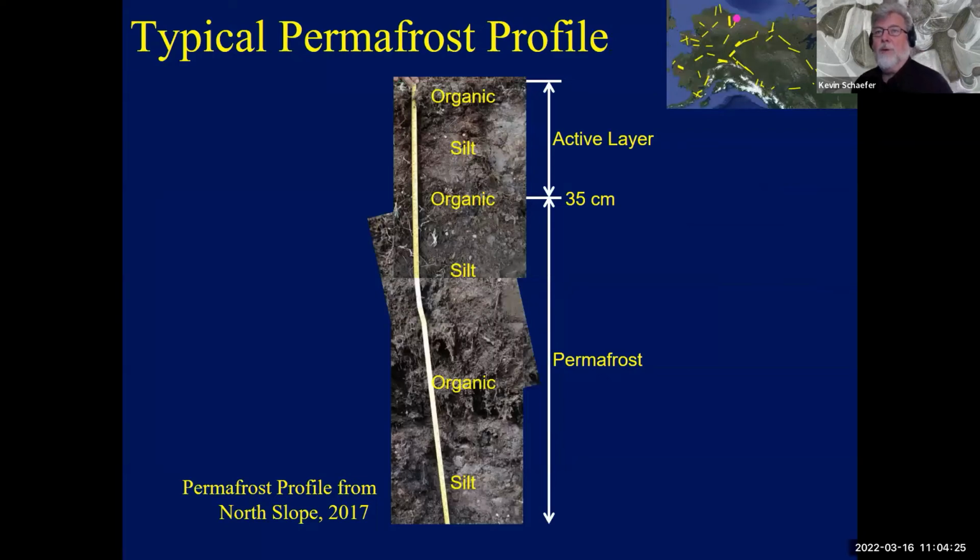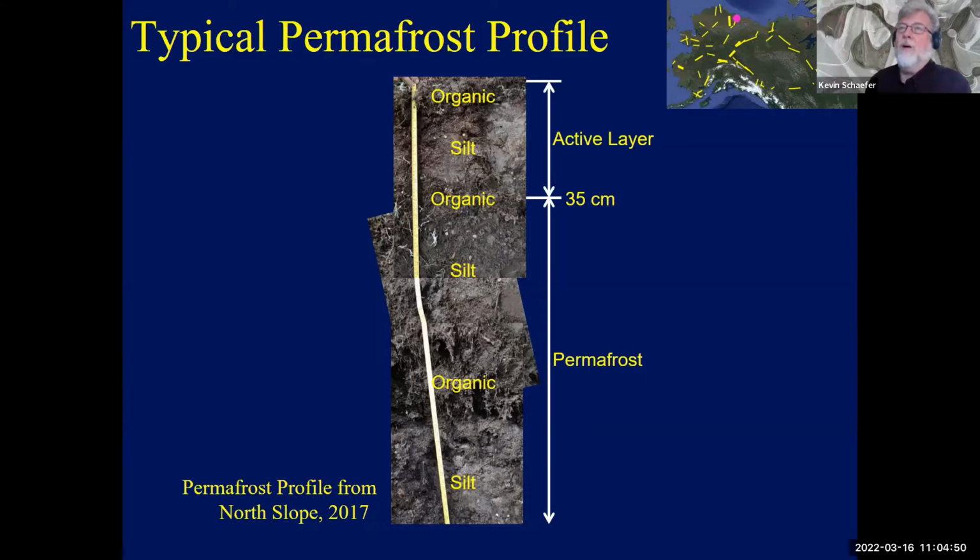Now, this is a typical permafrost profile. This is exposed by thermal erosion due to melting ice wedges on the north slope. And you can see at the very top there a couple fingers of someone holding the tape measure. I forgot who it was. In this particular area, the active layer is only about 35 centimeters thick, and I've labeled it there.